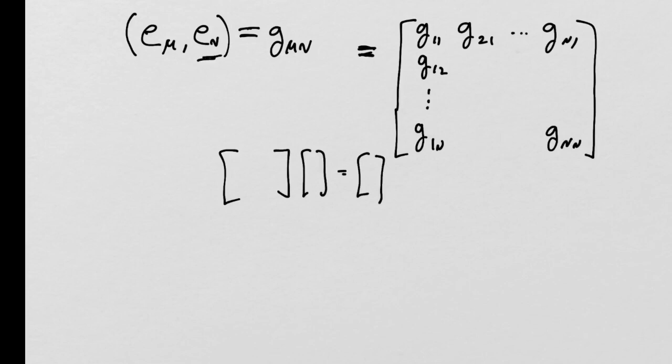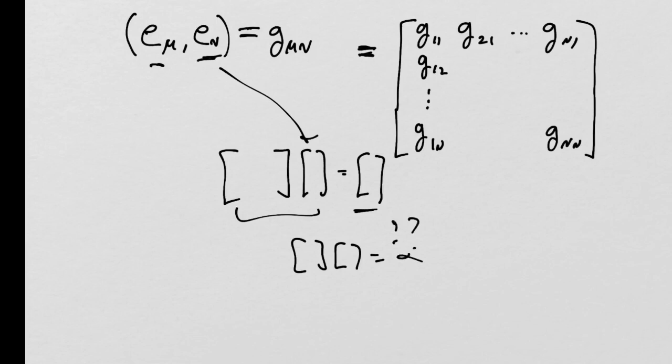But these are two vectors from the same vector space, so if you treat one as a row vector, you've got to treat the other as a row vector too. And now you have a row vector from this multiplication, and now you have another row vector. And how do you take two row vectors and get a number, right? How do you do that?